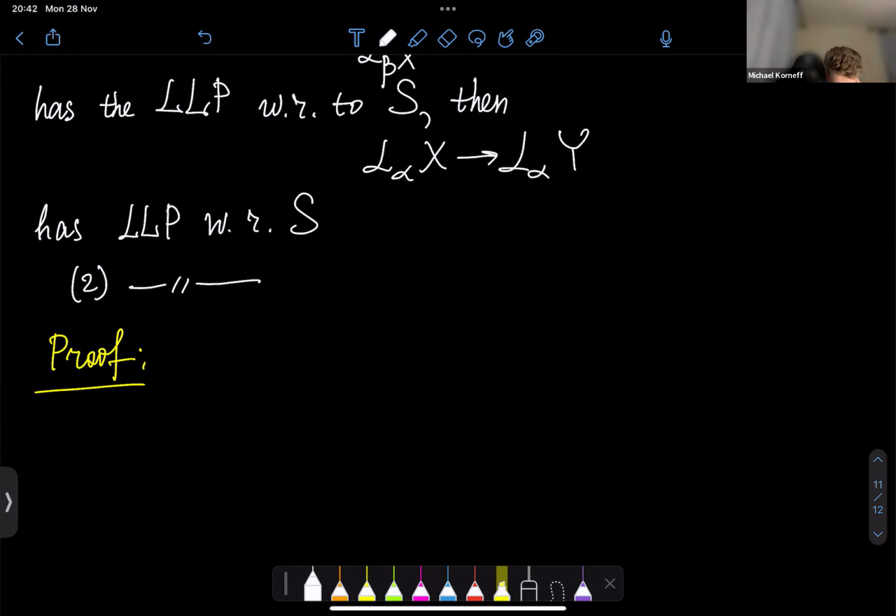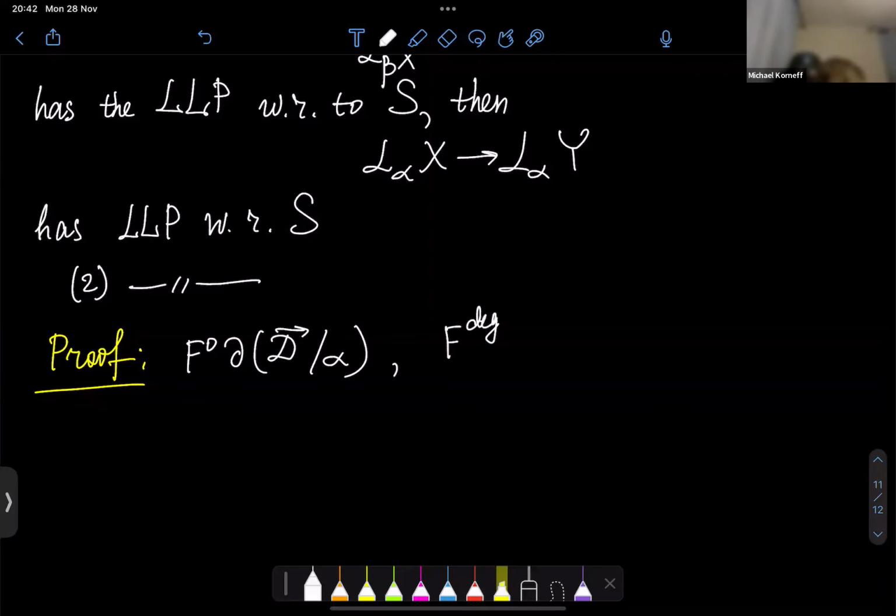We know that the degree zero part of this category has no non-identity arrows, and also we know that this category coincides with the following category.